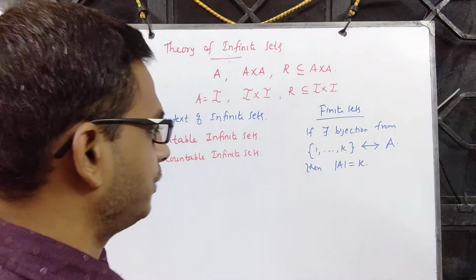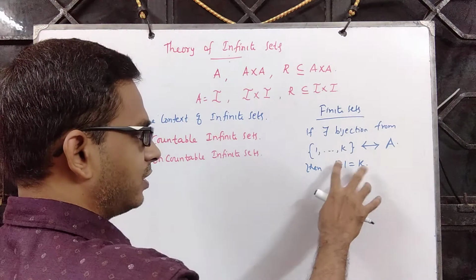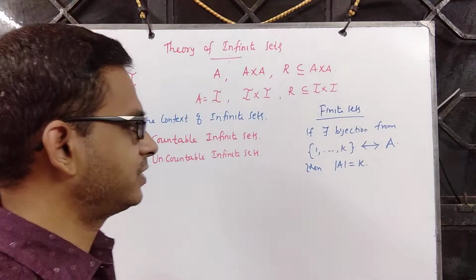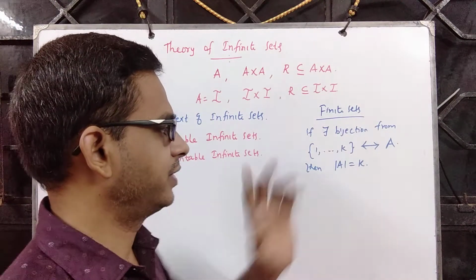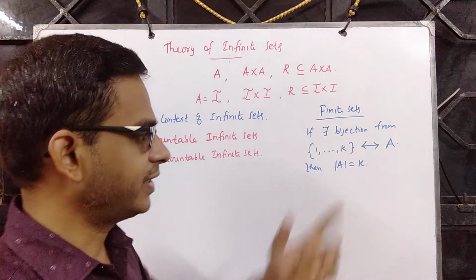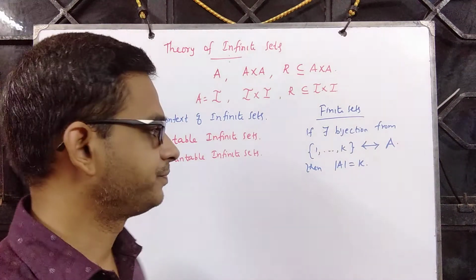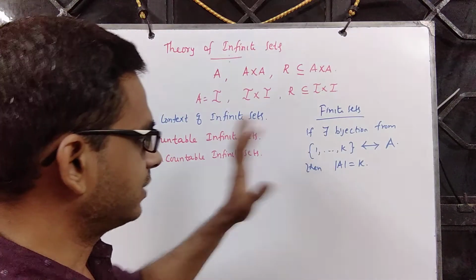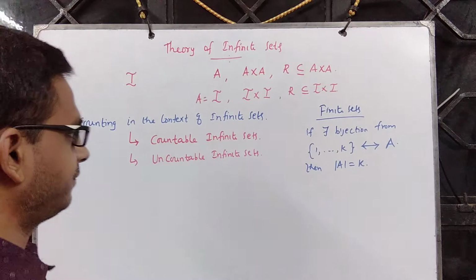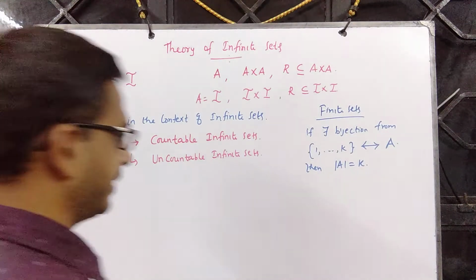Correct? You come up with a bijection from the set which has got k elements to the set under consideration, then you conclude cardinality of A is k. So similar thing is what we want to establish in the context of infinite sets.